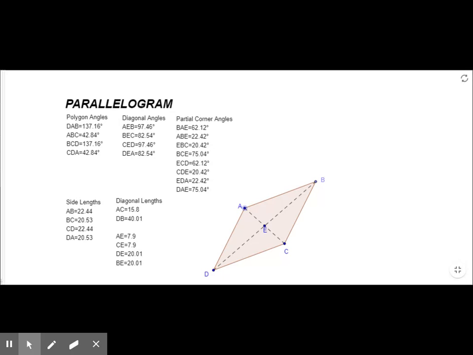Or these two angles and these two angles? Well, let's check it out. If I looked at ADE, that was right here. It was 22.42. If I look at the angle right next to it, CDE, that's 20.42. So I got two different values there. So right away I can say no, they didn't bisect each other.